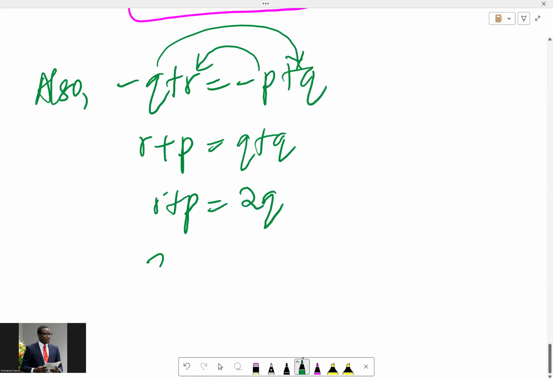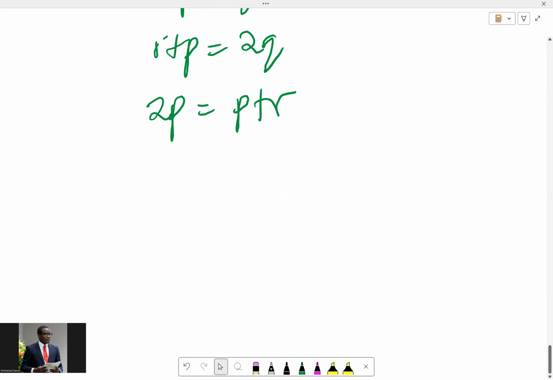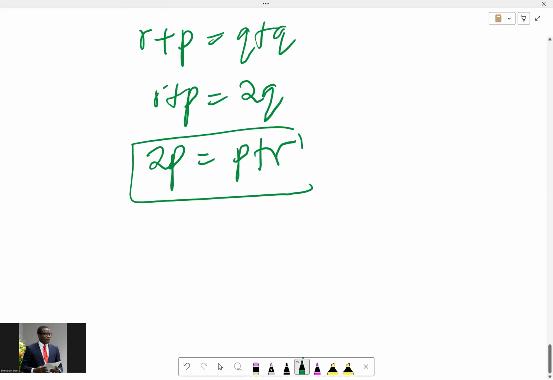So 2Q is equal to P plus R. Don't forget, from here we already have R. Let me label this as equation 2.